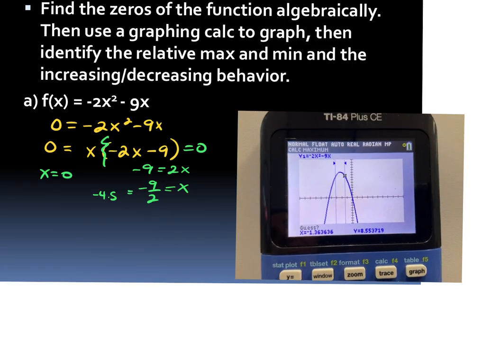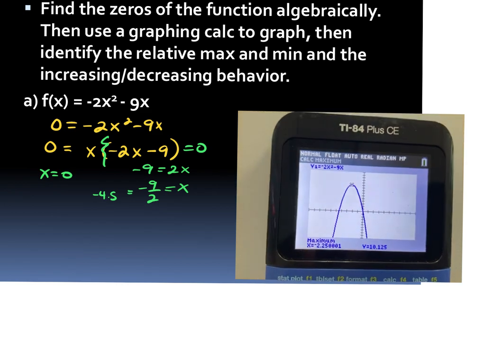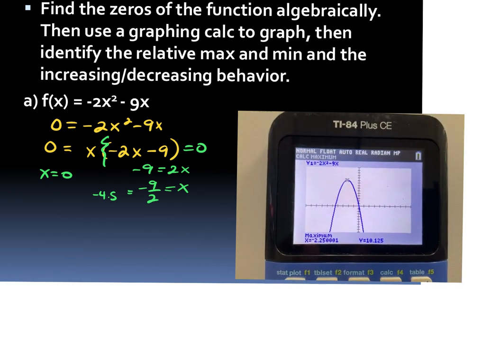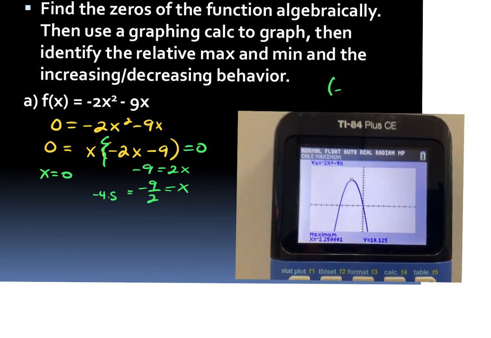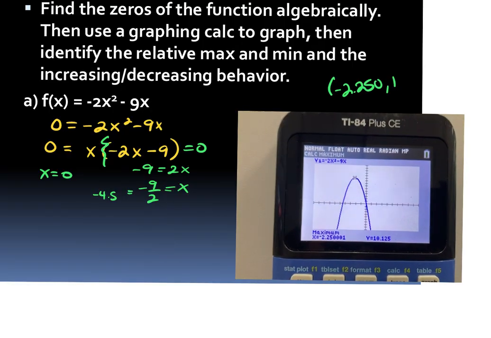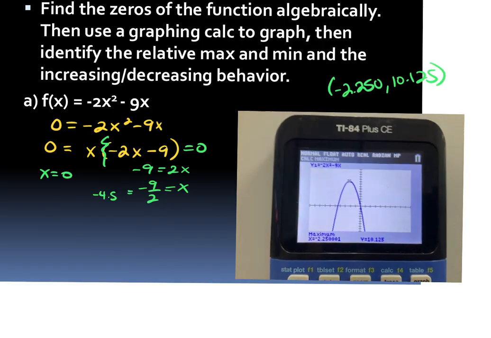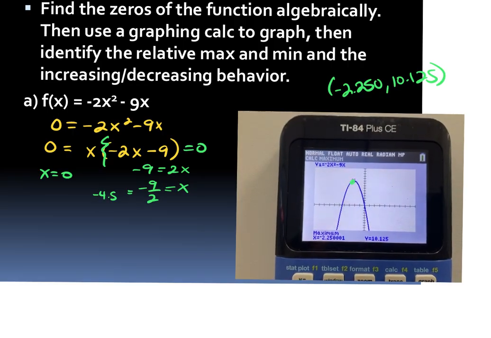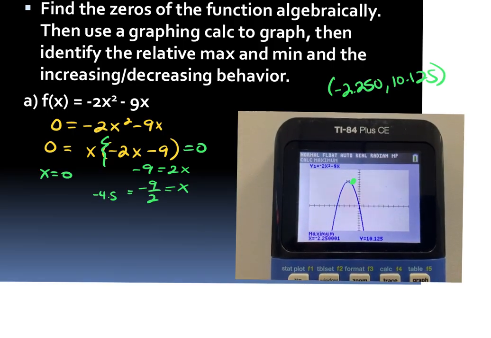And then guess and hit enter again. And that maximum value, so the coordinate point there, is negative 2.250 and 10.125. You with me so far?